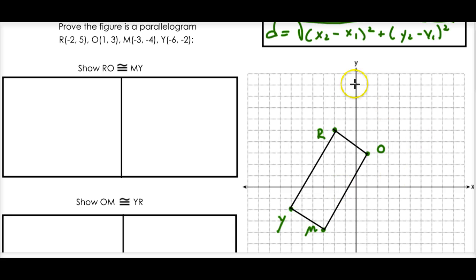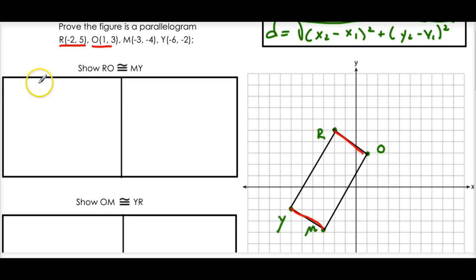All right, that looks quite beautiful. And now we're going to prove that opposite sides are congruent, so this must be a parallelogram. So let's start with this. We want to prove that RO has the same distance as YM. So the first thing we do is find out what the length of RO is, and we can use the distance formula for that.